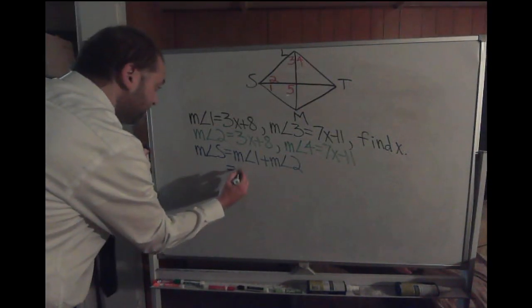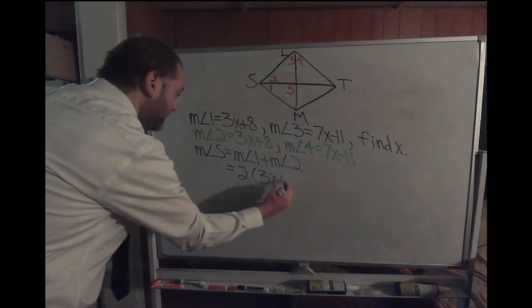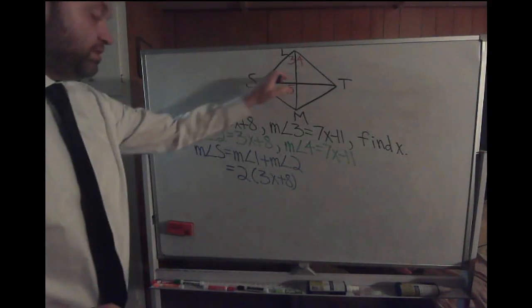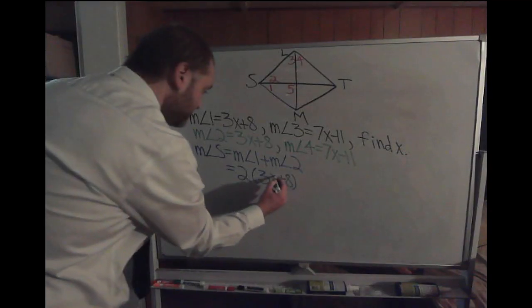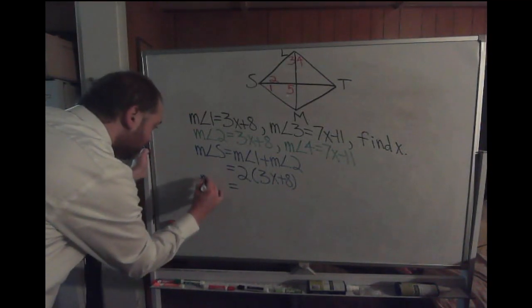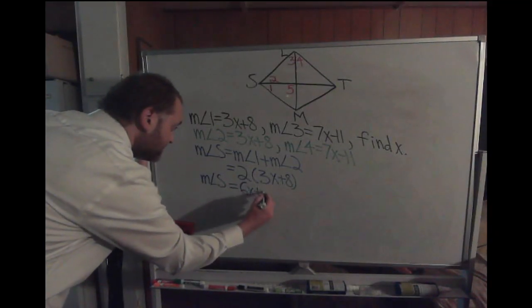Which means that it's equal to 2 times 3x plus 8, because you have two parts that are 3x plus 8, so you just multiply 3x plus 8 by 2, which ultimately means the measure of angle S would equal 6x plus 16.